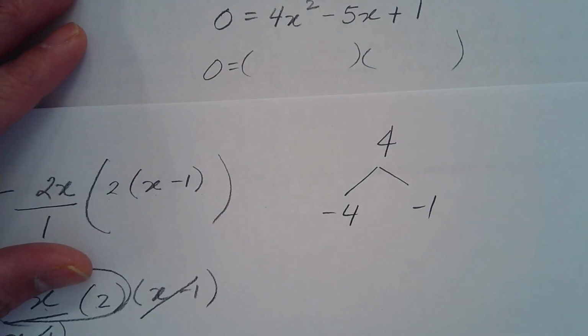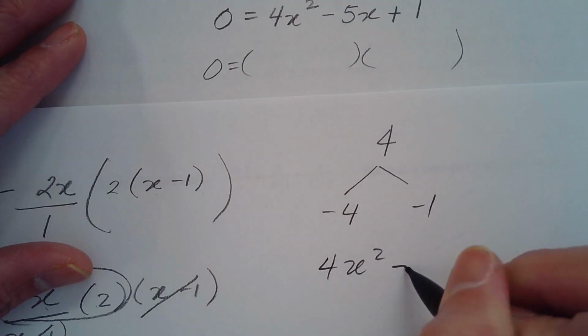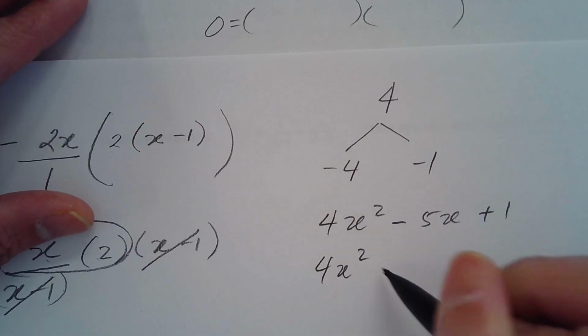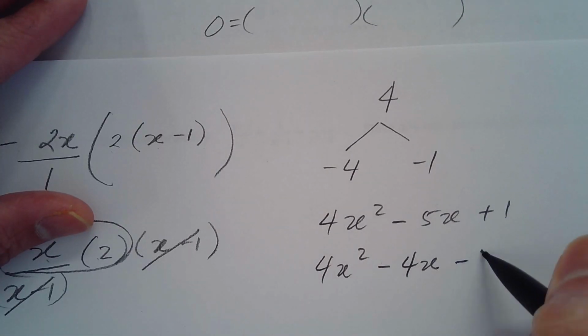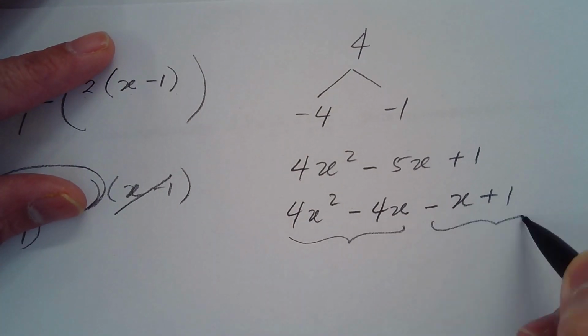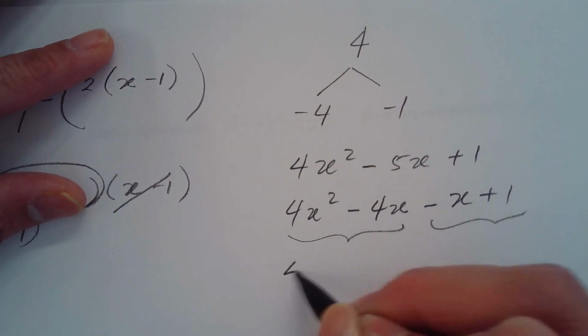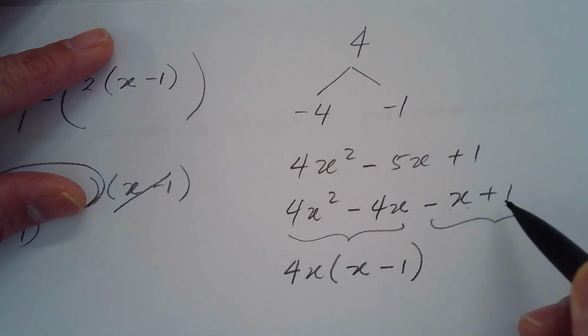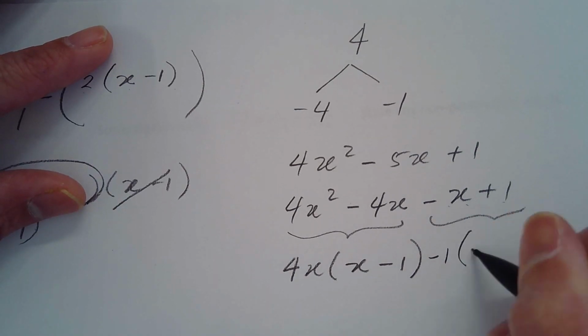So that's 4x squared minus 5x plus 1 will become 4x squared minus 4x minus x plus 1. Factor by grouping. So common factor is 4x, so it's going to be x minus 1. Common factor here is -1, so it's x minus 1.